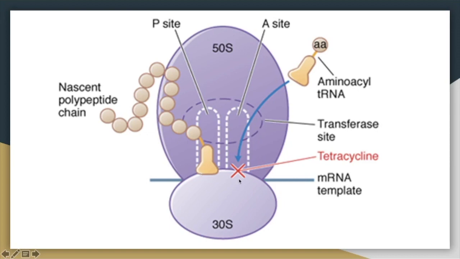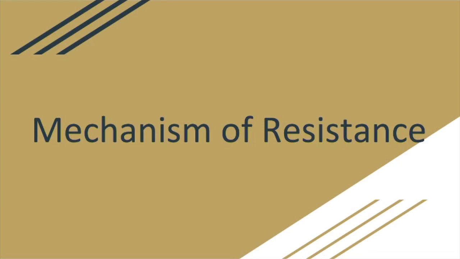So it'll bind to the 30S subunit, preventing the tRNA from bringing the new amino acid and thus inhibiting the amino acid chain from elongating. And it pretty much stops protein synthesis in its tracks. And that's how it basically kills bacteria.